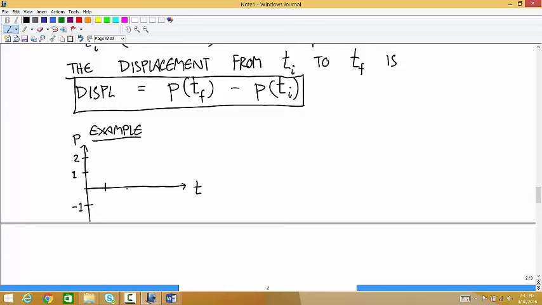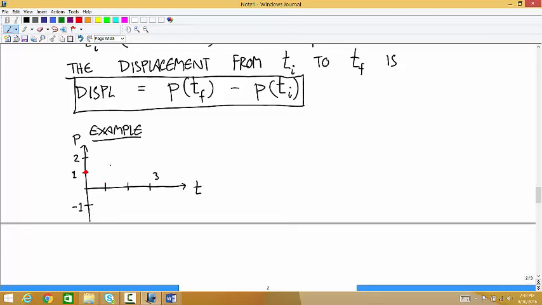And 1 second, 2 seconds, 3 seconds. And let's say that the object's motion goes from 1, so when time is equal to 0, the object is at location 1.